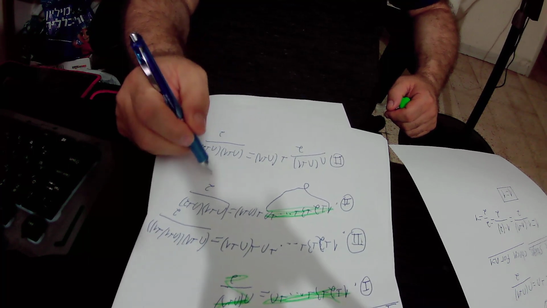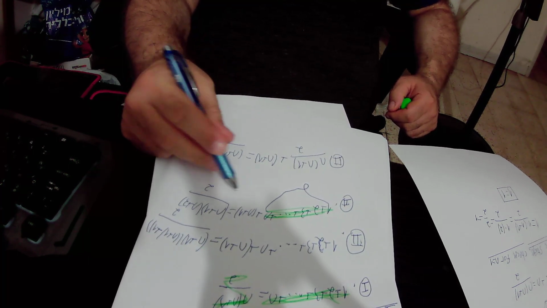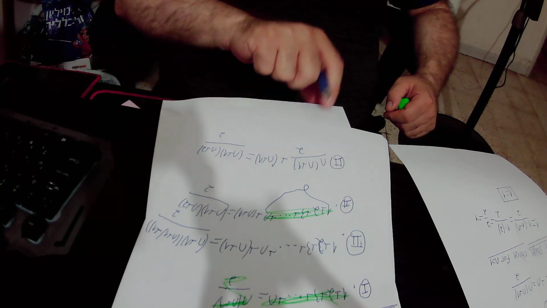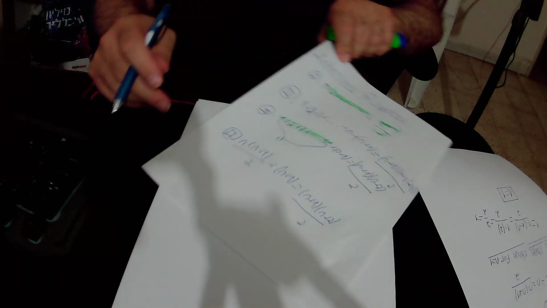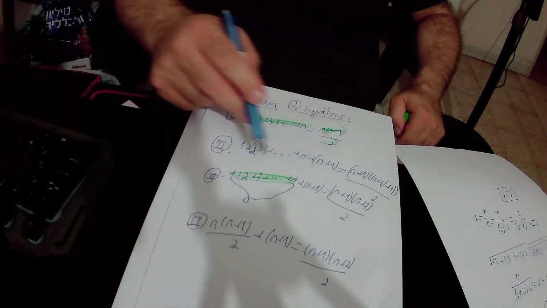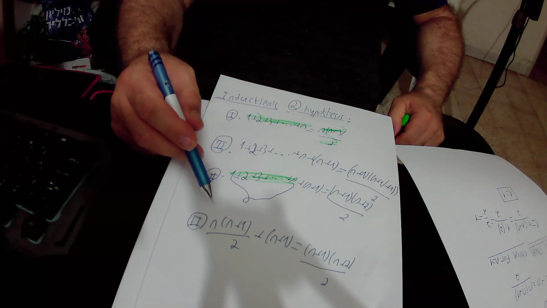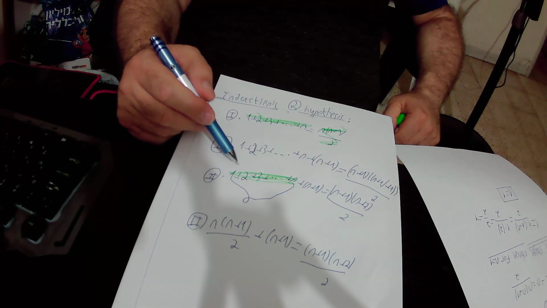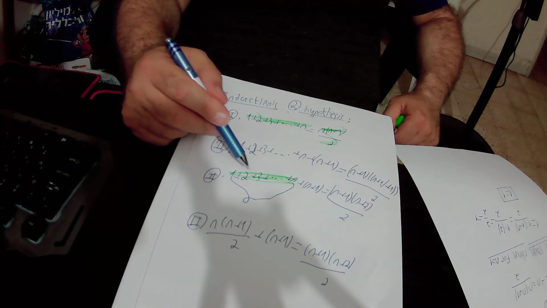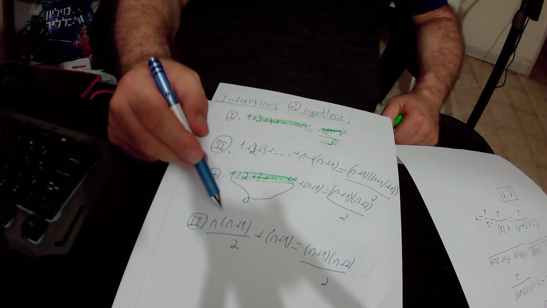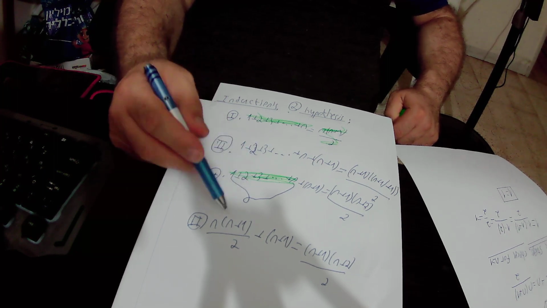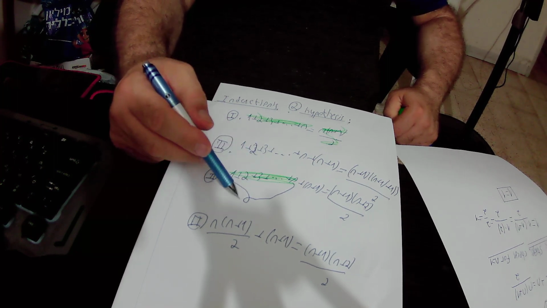Okay, so we copied it from this row to this row, and the only change that we did in this row, actually, we substituted this expression by n times n plus 1 divided by 2, because they are equal to each other, so we can substitute between them.